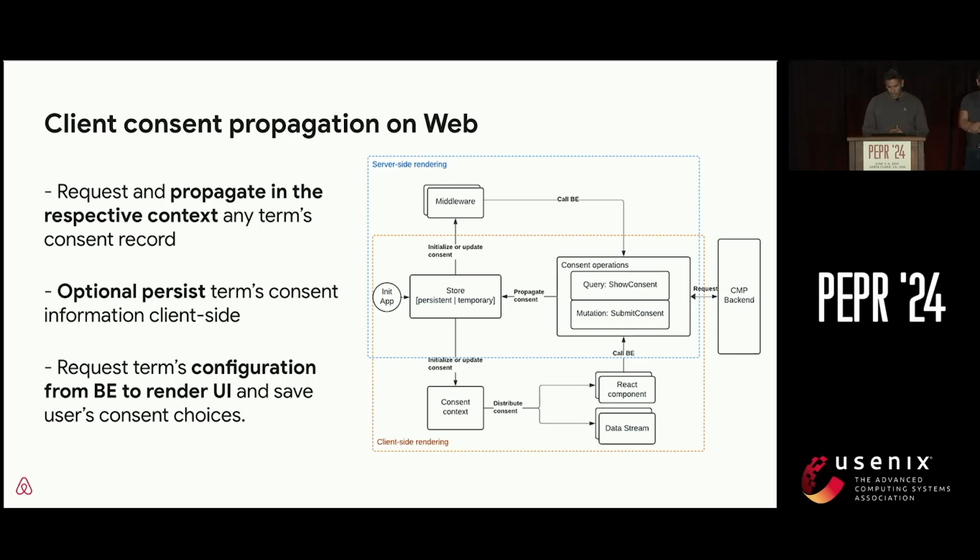The platform has a central store populated by consent operations that can call our backend. The operations will return the consent records for one or many terms and pass them to the store with arguments to persist them in the client or keep them temporarily available in memory. The consent will then be propagated to different modules through context or attached to data stream functions that work like subscriptions to consent changes.